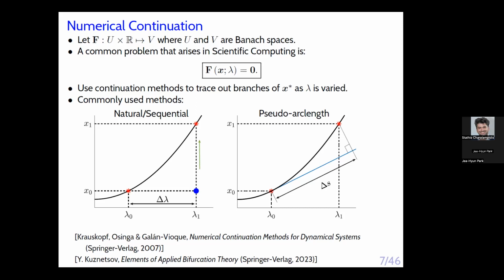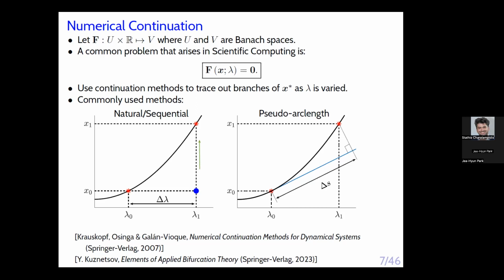However, the sequential continuation, as it's called, fails when you have turning points, where you have essentially a vertical tangent. So that's a problem. What else can you do? I think back in the 80s, Eusebius Doedel, Keller, and Kuznetsov considered the pseudo-arclength continuation method, where now you perform the continuation over the arclength.